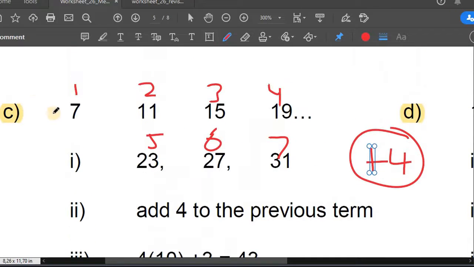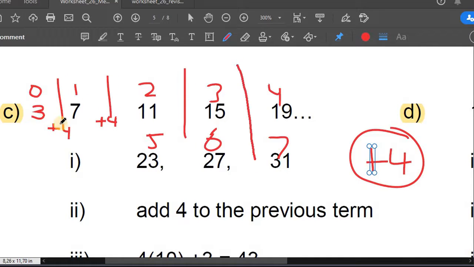Now the right way to do that is to get something called a term 0. You know that you're adding 4 here. So between term 1 and term 2 we add 4. Between term 2 and term 3 we add 4 to go to the right. Now if you're going backwards, between term 0 and 1 I'm going to have +4. So 7 minus 4 will give me 3 here.